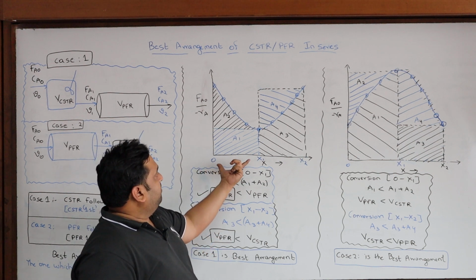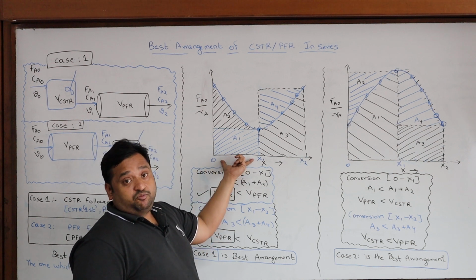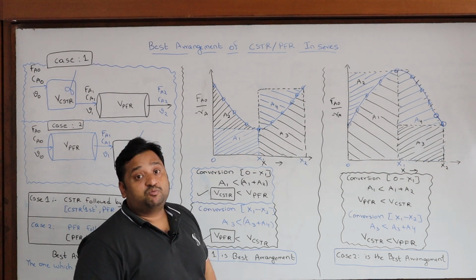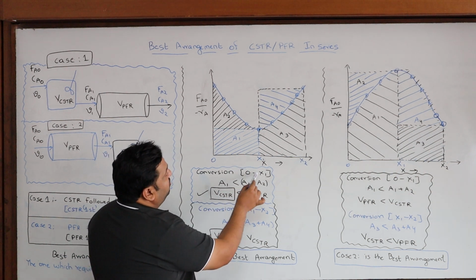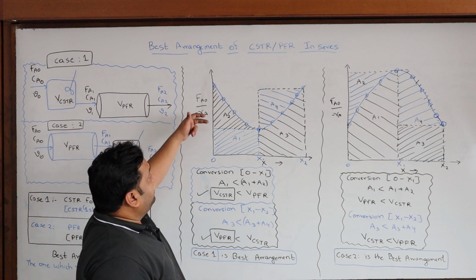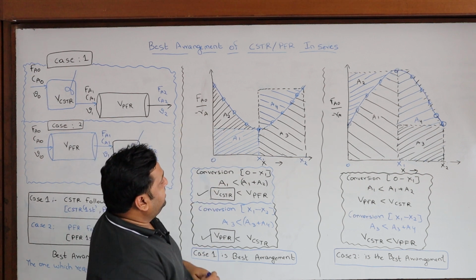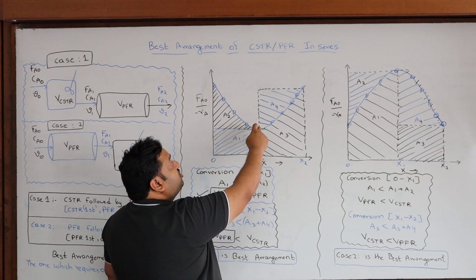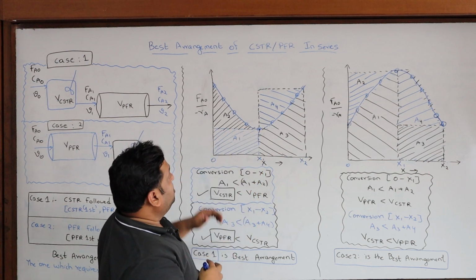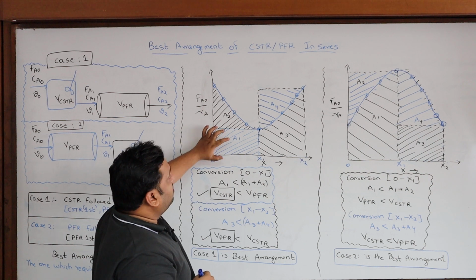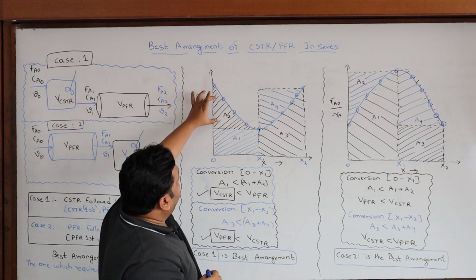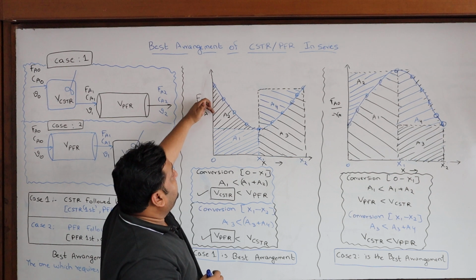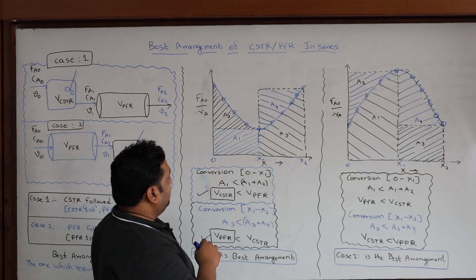Between 0 and x1, which one gives the lower volume? For 0 to x1, I have defined the area A1. Wherever you have drawn a vertical line, draw a horizontal line. The area inside this box is A1, and the area outside the box, under the curve, is A2.